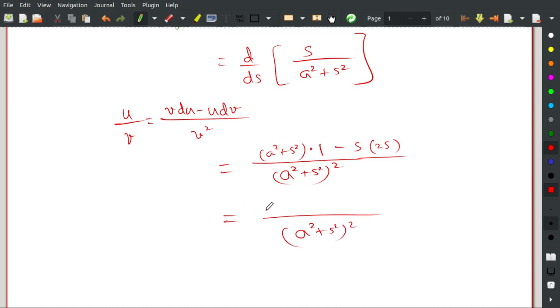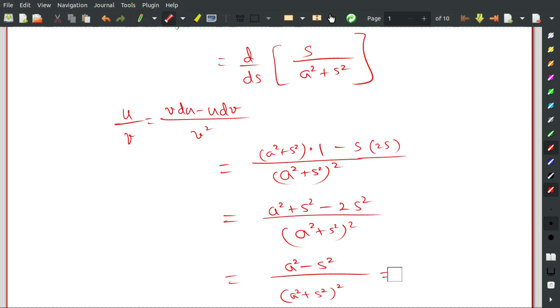Here we have a square plus s square minus 2s square, right? Therefore we have a square minus s square, and here we have (a square plus s square), the whole square, so this is the final one.